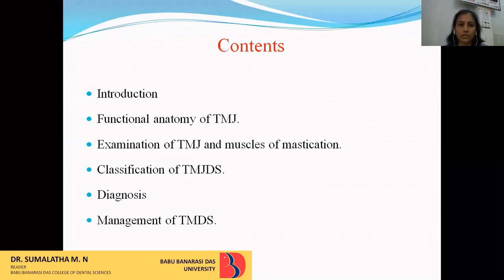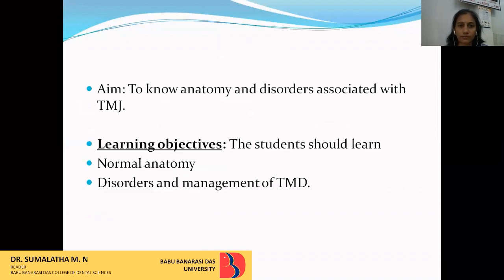These are the contents of the topic: introduction, functional anatomy, examination of temporomandibular joint, classification of temporomandibular joint disorders, diagnosis and management of these disorders.